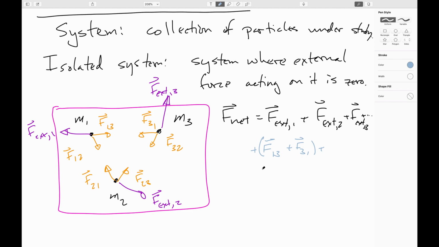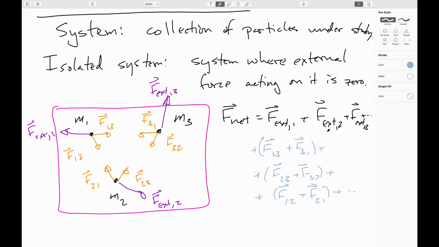And then similarly for the other pairs, you would have a plus F23 plus an F32. And then you'd have, say, an F12 plus an F21, and so forth.